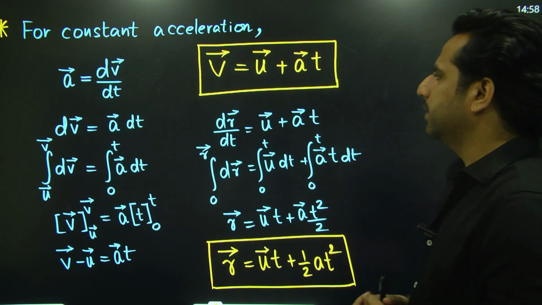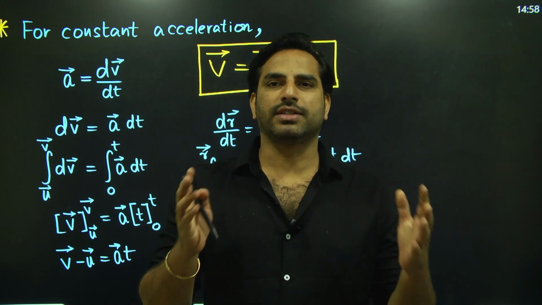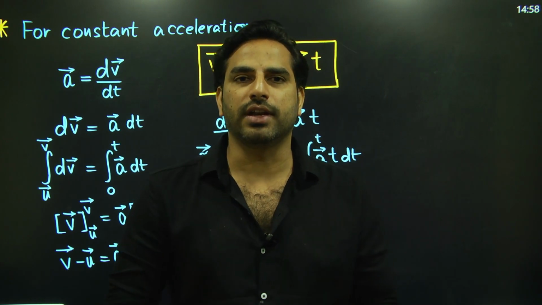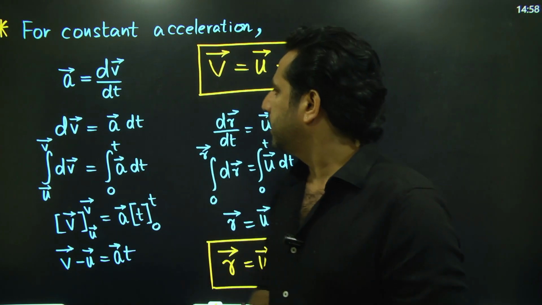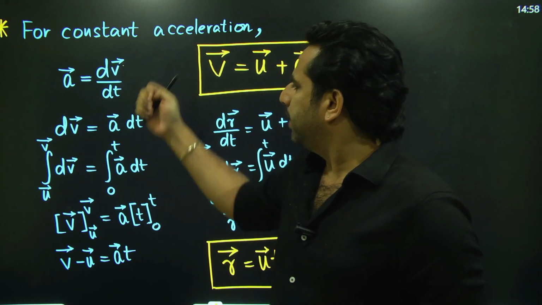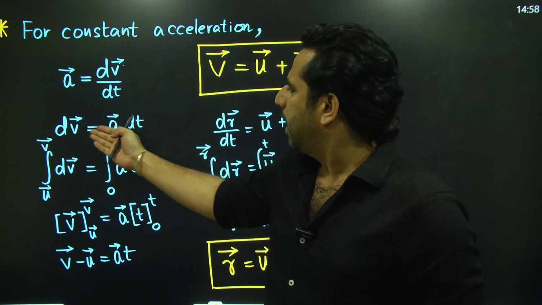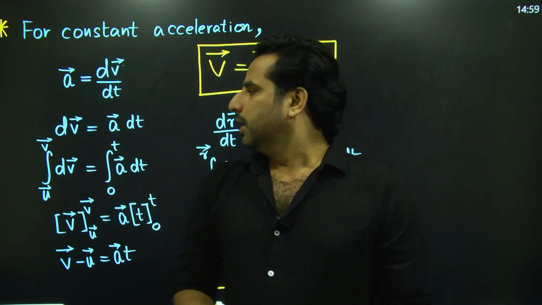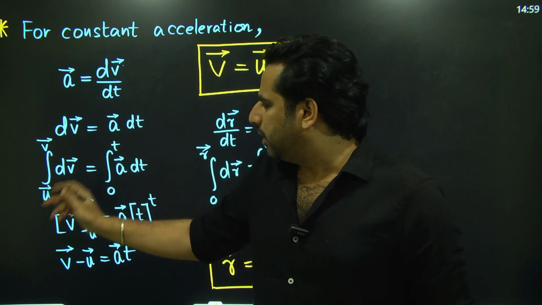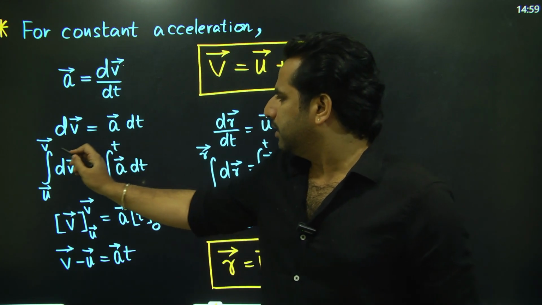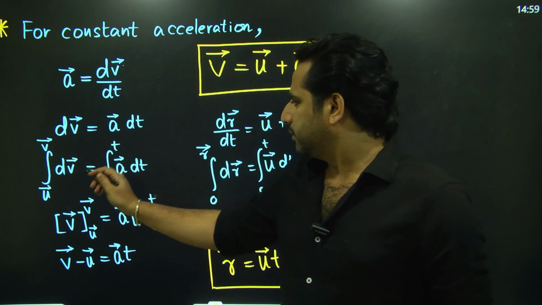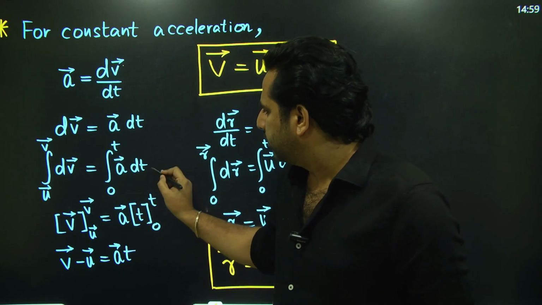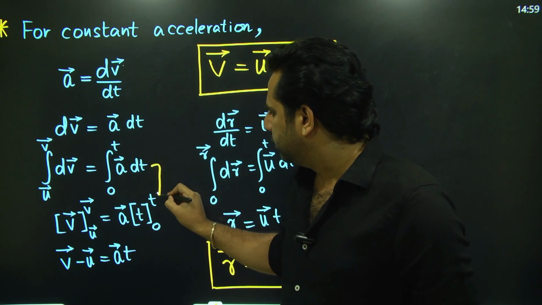For constant acceleration, consider a case of constant acceleration vector. The magnitude and direction of acceleration is constant. In that case, a bar is dv bar by dt, then dv bar is a bar into dt, and you are integrating on both sides. Say at time t = 0, initial velocity is u bar, and after some time t, the velocity is v bar. Now solve this integration. The very important thing is from this particular step to this.